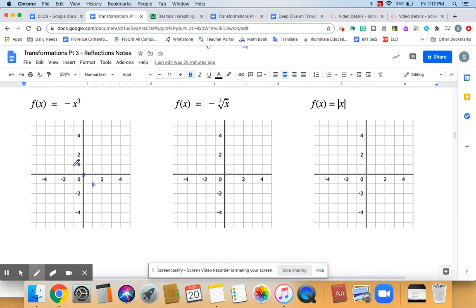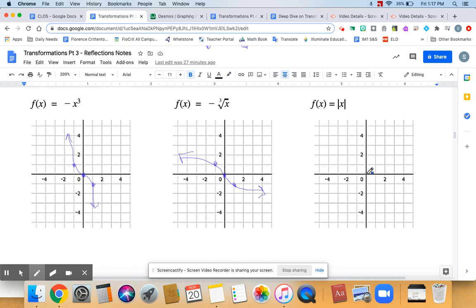And left and up. So it's like it just flips the S going the other way. Same thing for the cube root. Instead of being right and up, it's right and down. And then it's left and up, which means instead of starting in the middle and going up when I go right, I start in the middle and I go down when I go right. And then it's up to the left.